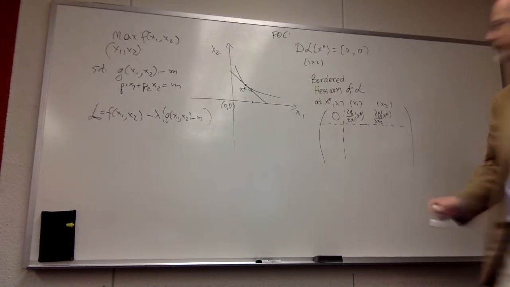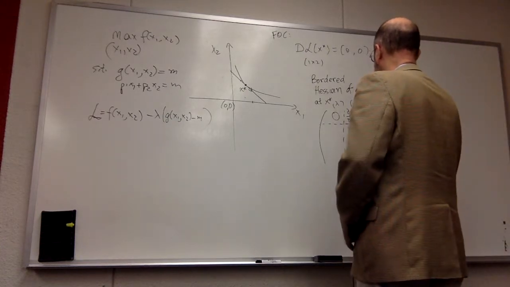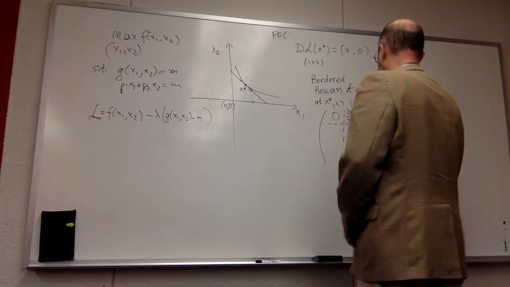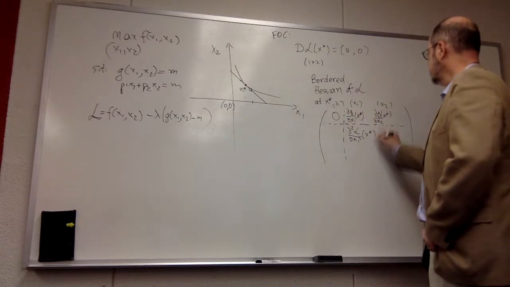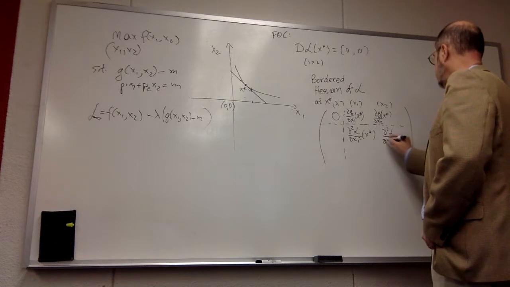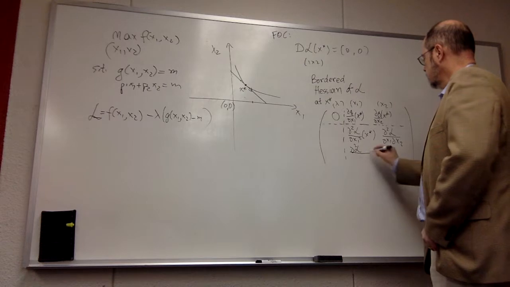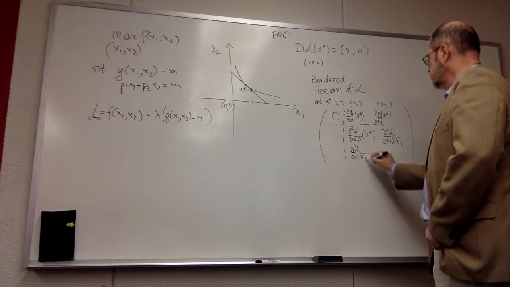So, partial of L with respect to x1 squared at x star, partial of L with respect to x1 and x2, partial with respect to x1 and x2.